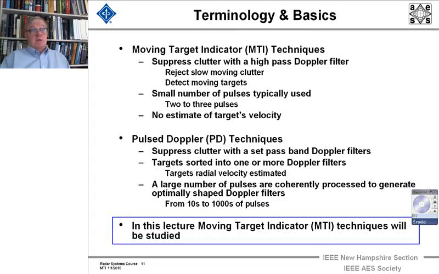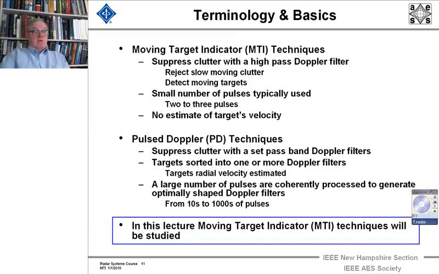We'll see that in pulse Doppler techniques, an estimate is made of the target's velocity because we're going to be using bandpass filters, and with those you want to suppress a certain Doppler velocity or Doppler frequency, and then see a certain band, and then suppress on the other side.